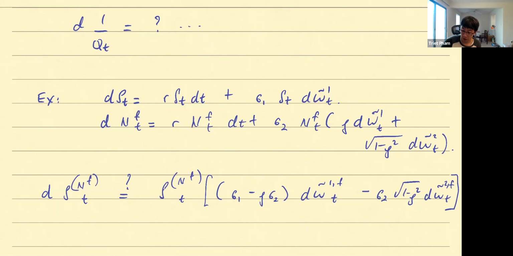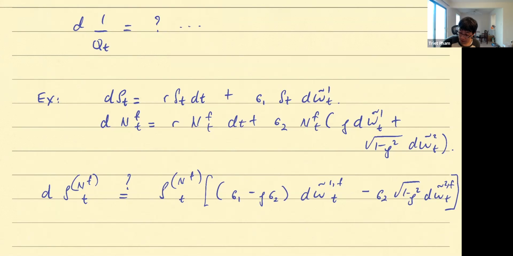Is that okay? Notice, this is a new Brownian motion, not the old one. So there's an F here, F standing for the Brownian motion under the NF measure. It's not the old one under the P tilde. This is Brownian motion under the foreign exchange, under the foreign currency probability.